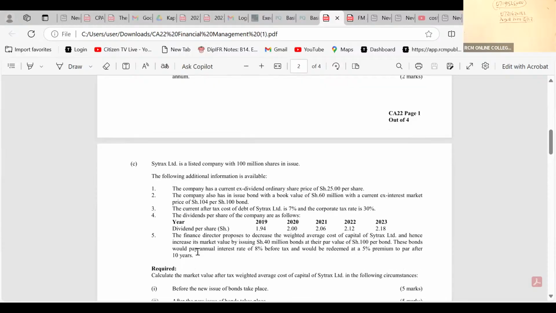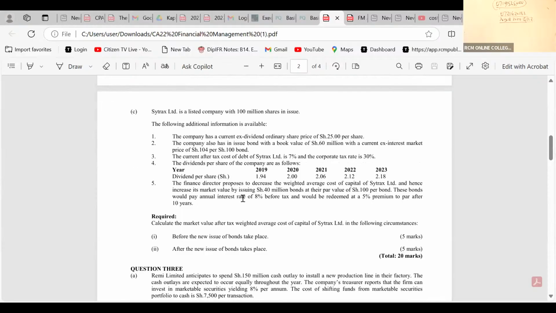Note 5: the finance director proposes to decrease the WACC and hence increase its market value by issuing $40 million bonds at their par value of 100 per bond.